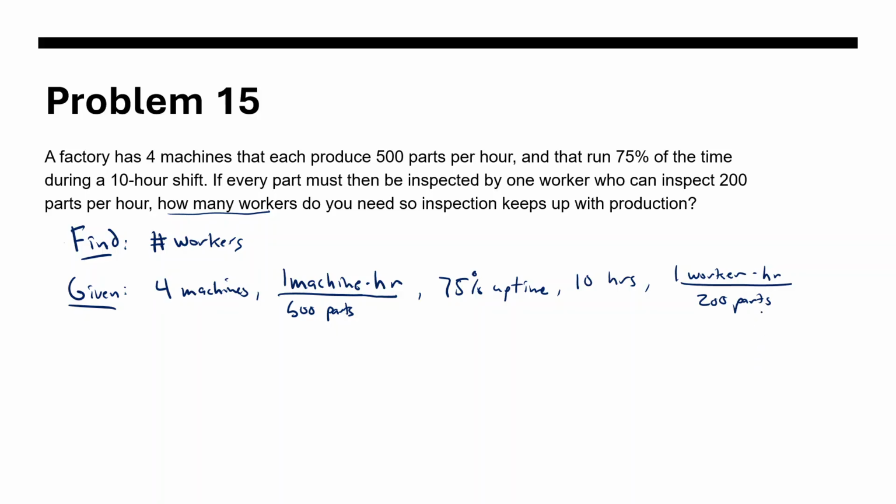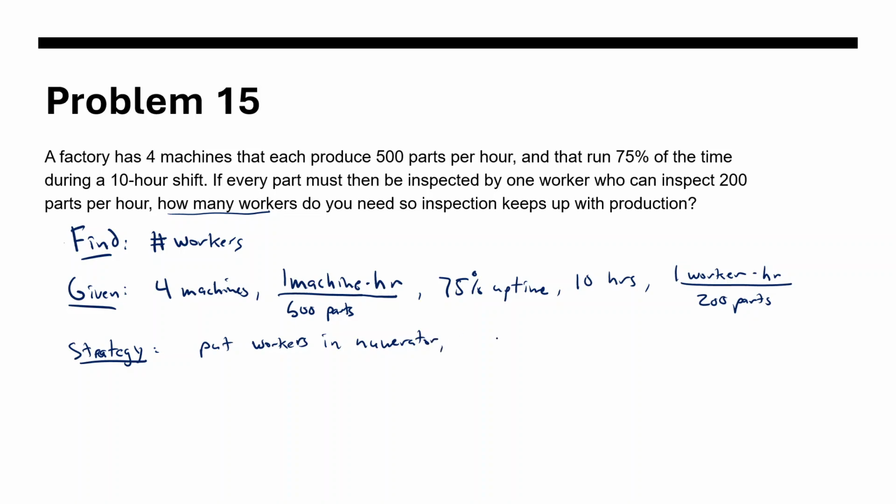Okay, so what's our strategy? Again, we're going to start by looking at what our success is. Our success is to find number of workers. So we're going to put workers in the top, in the numerator.